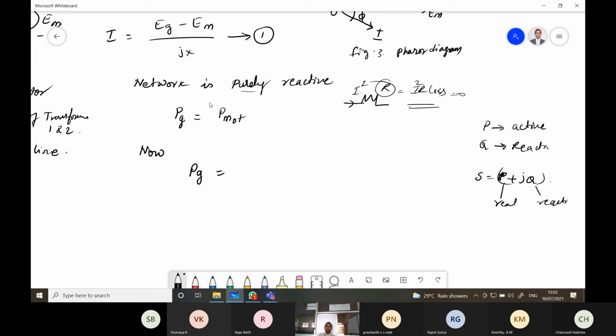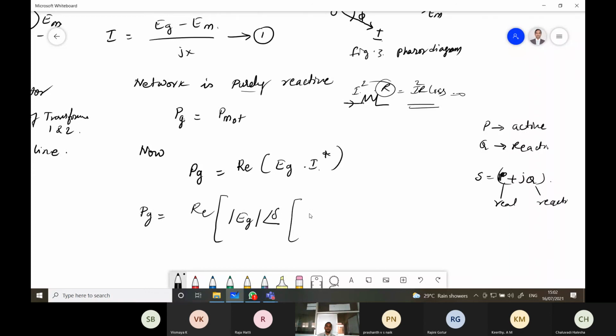Okay, so now I want Pg, that is the real term of this expression, given by Eg into I conjugate. So Pg is given by the real part of Eg, taking the magnitude of Eg with angle delta, and I can be written as (Eg minus Em) by jX.